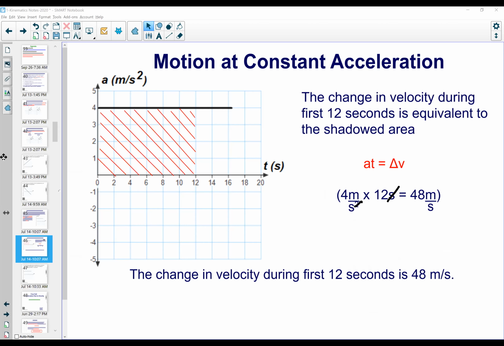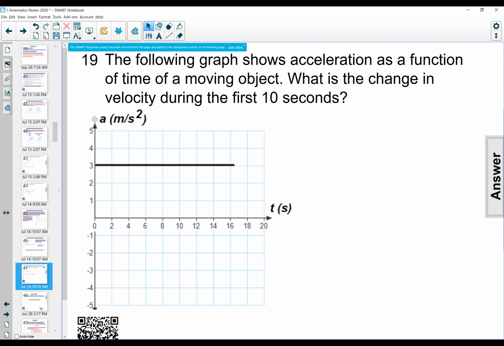All right, let's try one. The following graph shows acceleration as a function of time for a moving object. What is the change in velocity during the first 10 seconds?